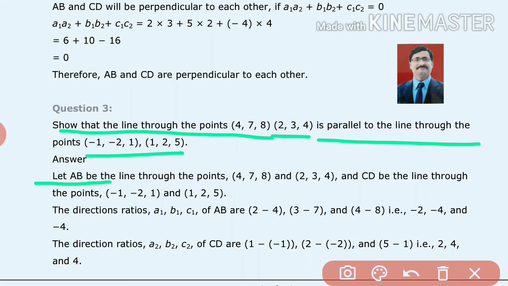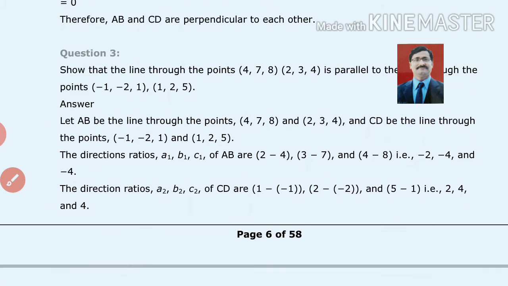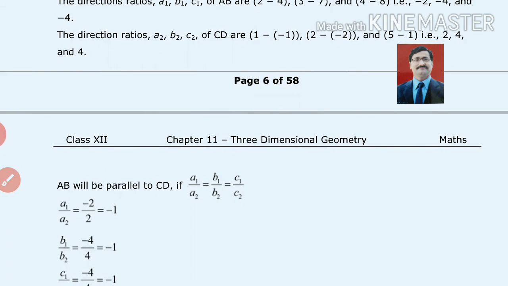Look here, you find the line AB passing through these two points, so the first point is A, the second point is B, and the line CD passes through these points, this is C and this is D. Now you find the direction ratios a1, b1, c1 of AB: 2 minus 4, 3 minus 7 and 4 minus 8, which is -2, -4 and -4. Similarly, you find the direction ratios a2, b2, c2 of CD, and you get 2, 4 and 4.